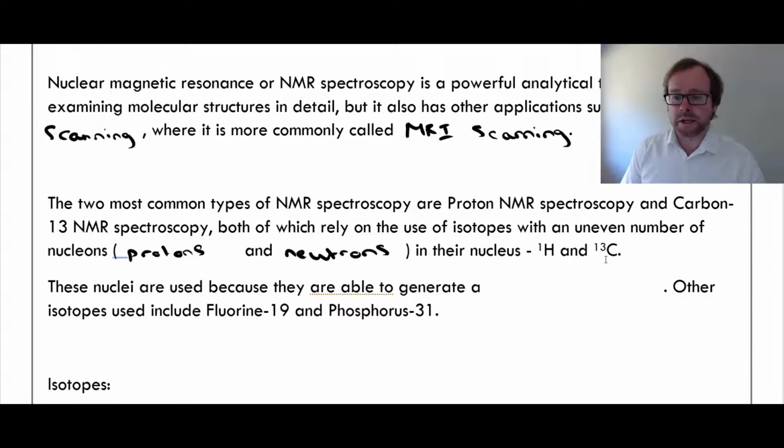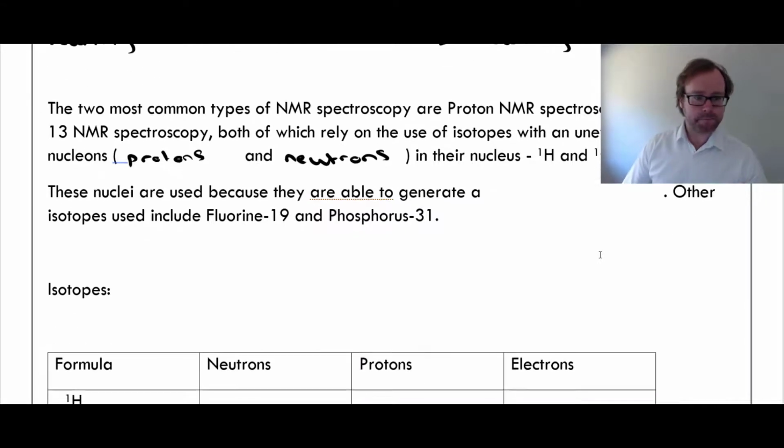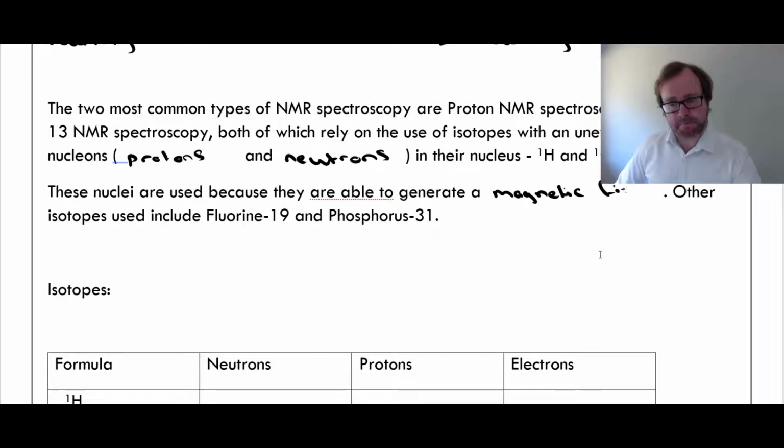So we've got 1H and carbon-13. These nuclei are used because they are able to generate a magnetic field. Other isotopes used include fluorine-19 and phosphorus-31, but carbon and proton NMR are by far the most common.